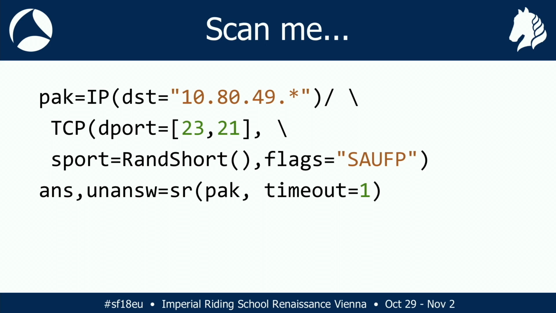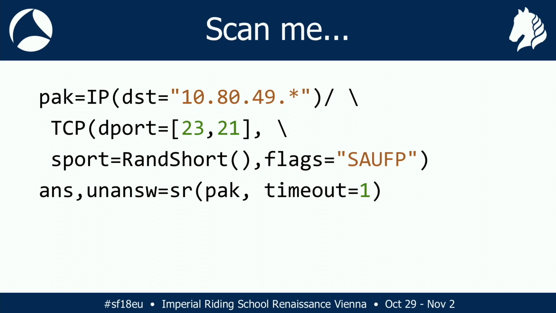And the last line, we use the SR function or call to send out this packet or these packets, waiting 1 second. And when we get the answer, we will put it in the answer variable. When there are unanswered packets, we will put them in the unanswered variable.